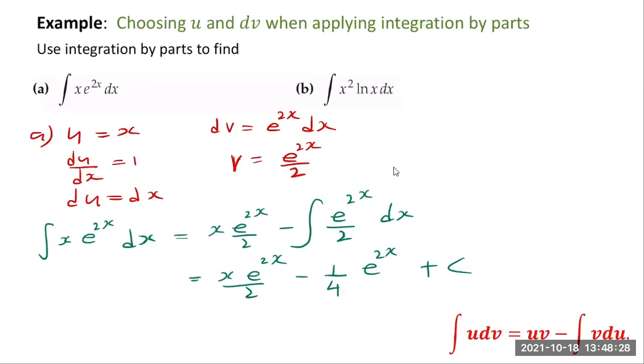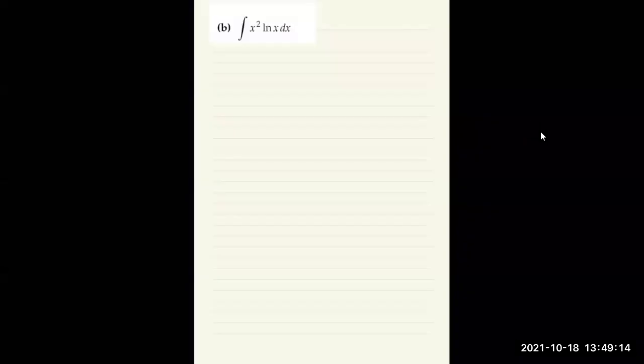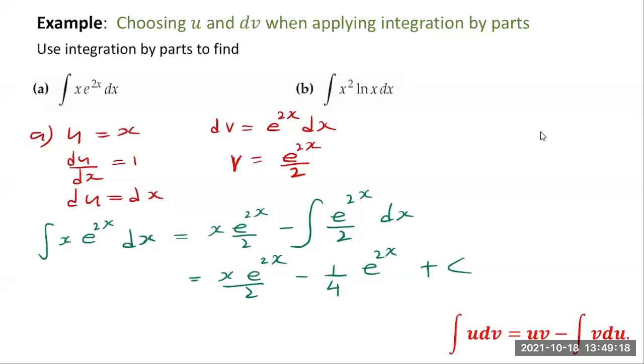All right, that completes the first part. And now let's work on the second part. Let me copy this to the next page. All right, here again, I'm going to apply the integration by parts formula.